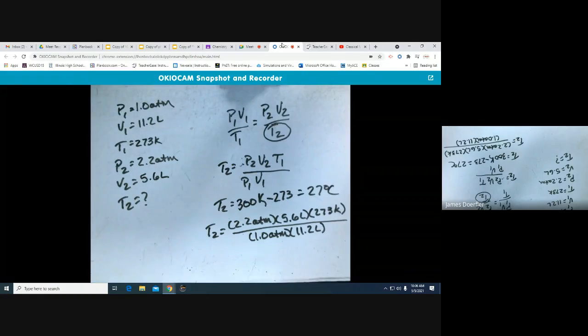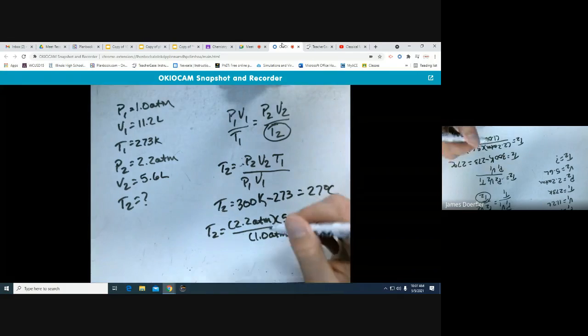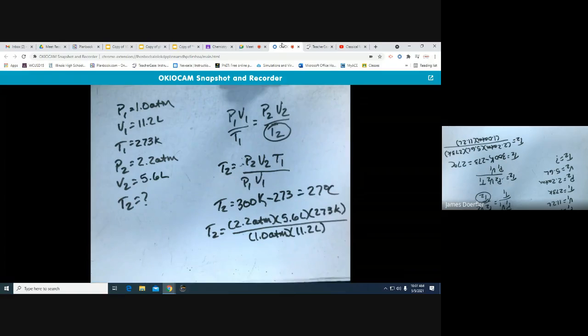But in order to calculate our answer in Celsius, we have to take that conversion factor into account. So in order to go from degrees Celsius to Kelvin, you have to take whatever degrees Celsius you have and add 273. Well, our final answer in terms of Celsius, we have to go backwards.